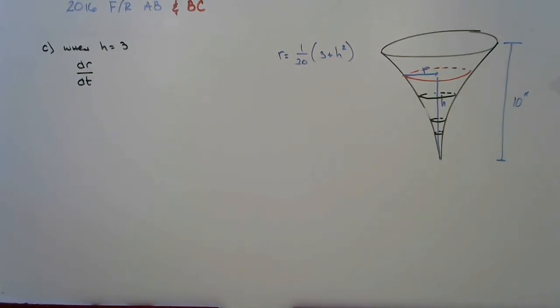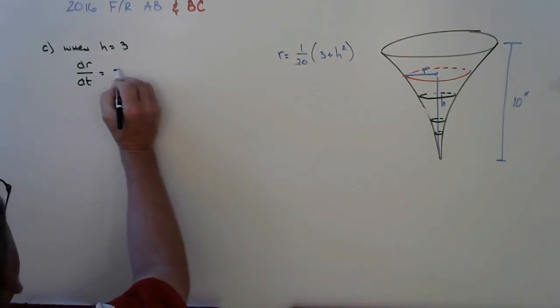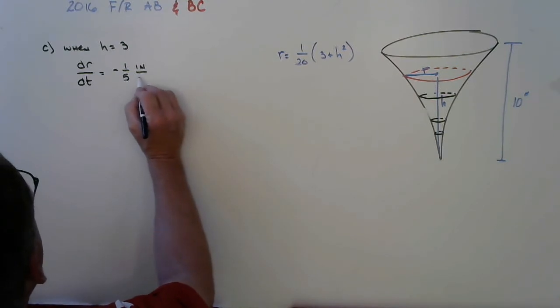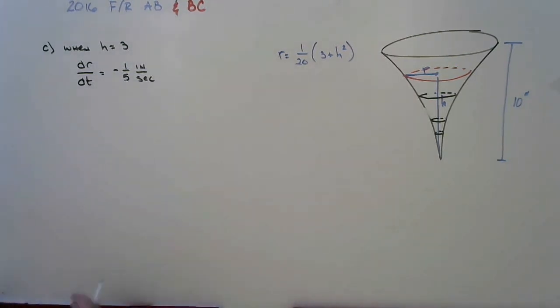The radius of the surface of the liquid is decreasing at a rate of 1/5 inch per second. Decreasing at a rate of 1/5 inch per second.